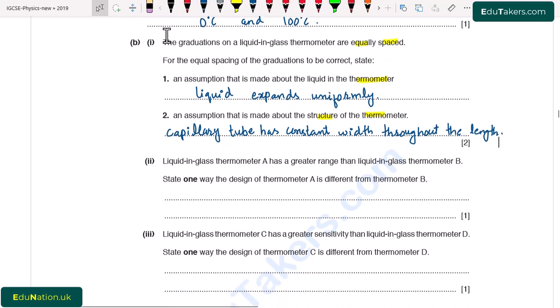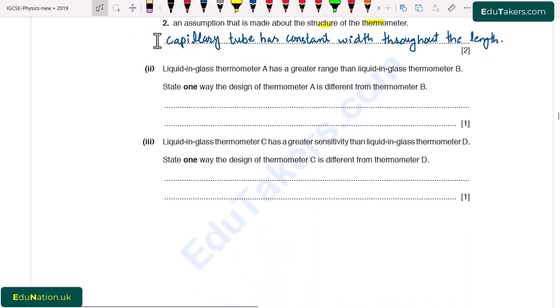Part 2. Liquid in glass thermometer A has greater range than liquid in glass thermometer B. So here the range of thermometer A is greater than the range of B. State one way the design of thermometer A is different from thermometer B. So A and B thermometers have different ranges.